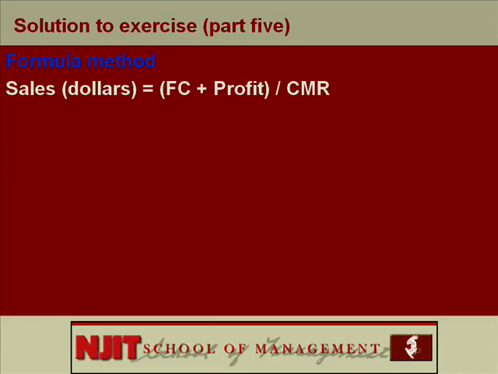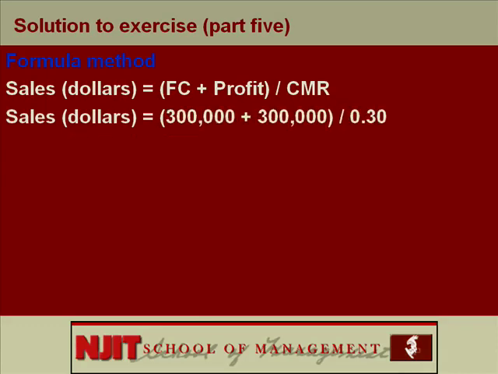So sales in dollars is fixed cost plus profit, the whole thing divided by contribution margin ratio. The fixed cost is 300,000. The profit they want to make is 300,000. The whole thing divided by contribution margin ratio, which is 0.3. So the answer is sales in dollars is 2 million.